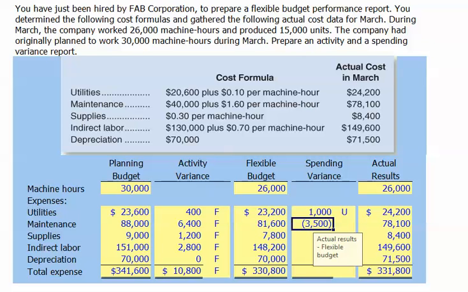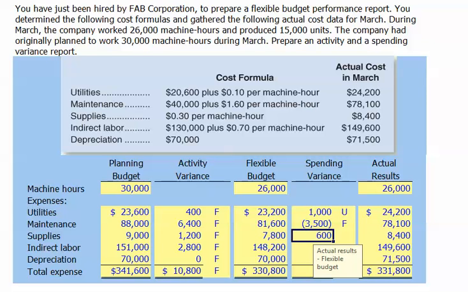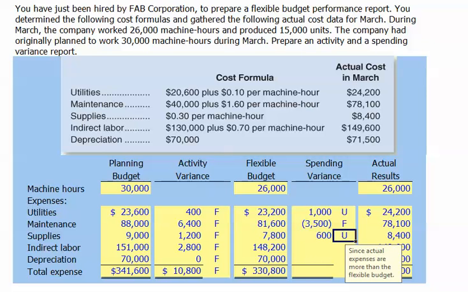The difference between our actual maintenance cost of $78,100 and our flexible budget of $81,600 is $3,500. And since our actual results are less than we would have expected to spend, we would say this is a favorable variance.